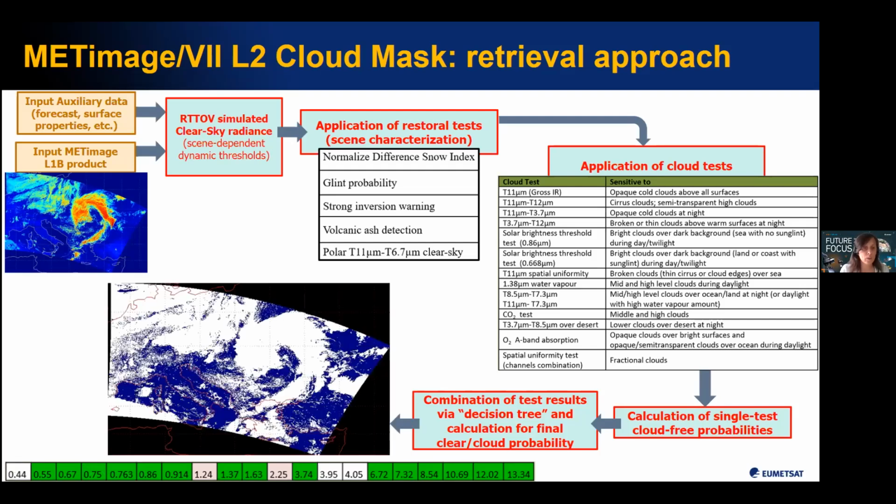And finally, we get the final cloud mask, which I would like to stress is not a binary mask because each pixel has a classification based on the cloud probability. So what you see here is in white, high probability cloudy pixels, and in blue, high probability clear pixels. But there are, of course, also cases in between, probably clear or probably cloudy, which are fixed depending on ranges of probabilities.